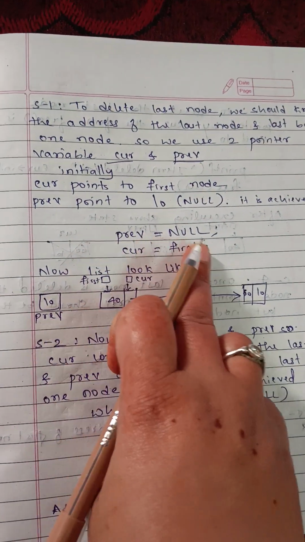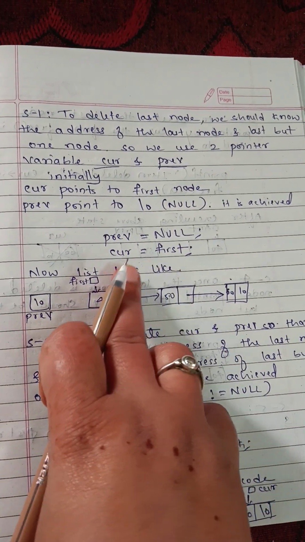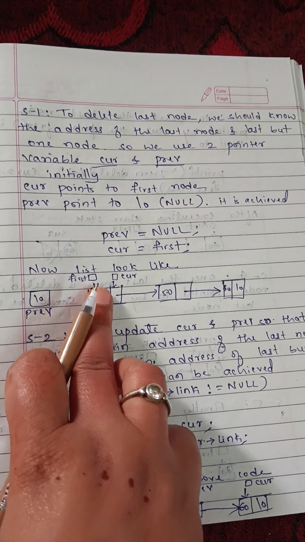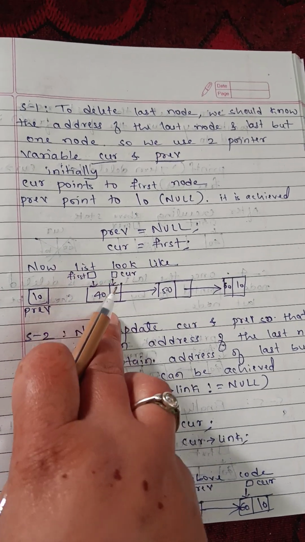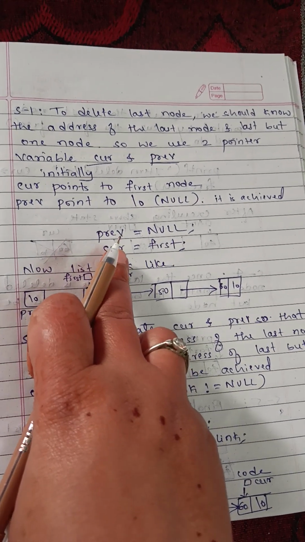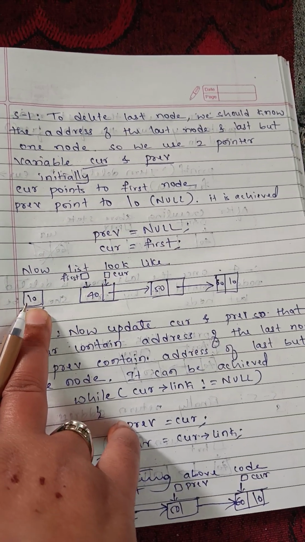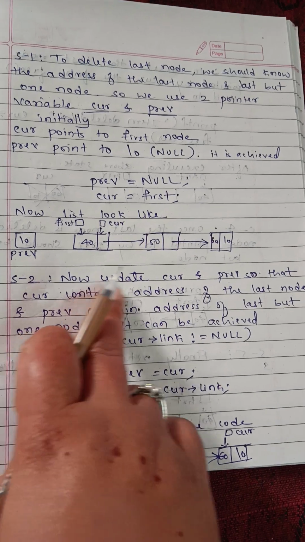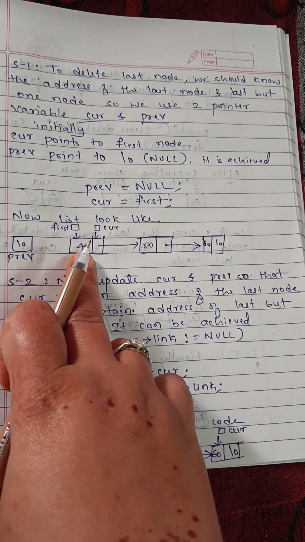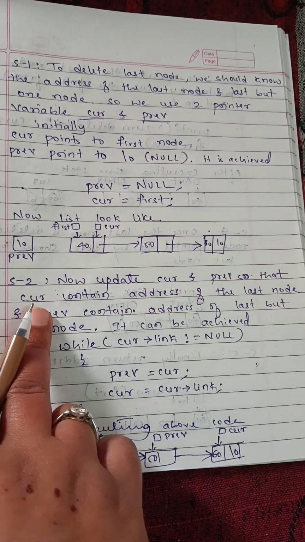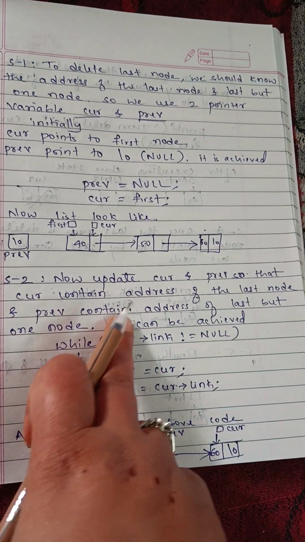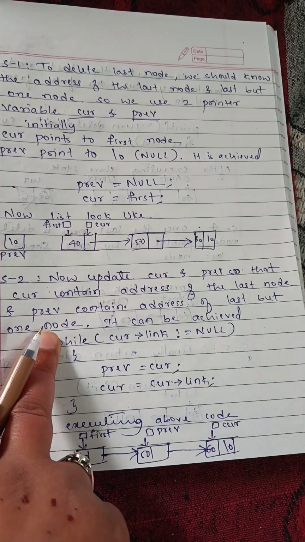See how it looks diagrammatically. Previous equal to null, and current is pointing to the first. Look, first is pointing to the first node, current is also pointing to the first, and previous is holding null. Then what is the second step? Now update current and previous, so that current contains the address of the last node and previous contains the address of the last but one node.